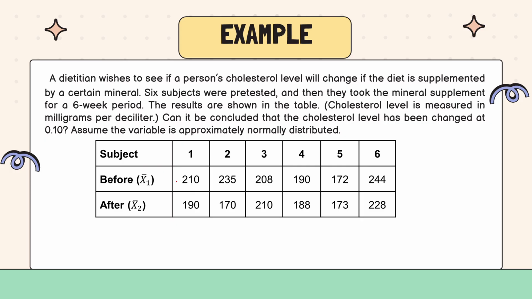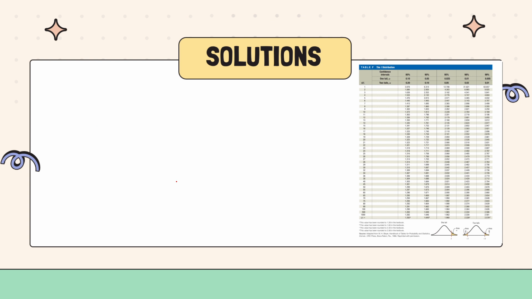So we have here step number 1. We have to state the hypotheses and identify the claim. What is our hypothesis? Our H0 is that mu d is equal to 0. If the diet is effective, the before cholesterol level should be different from the after level.